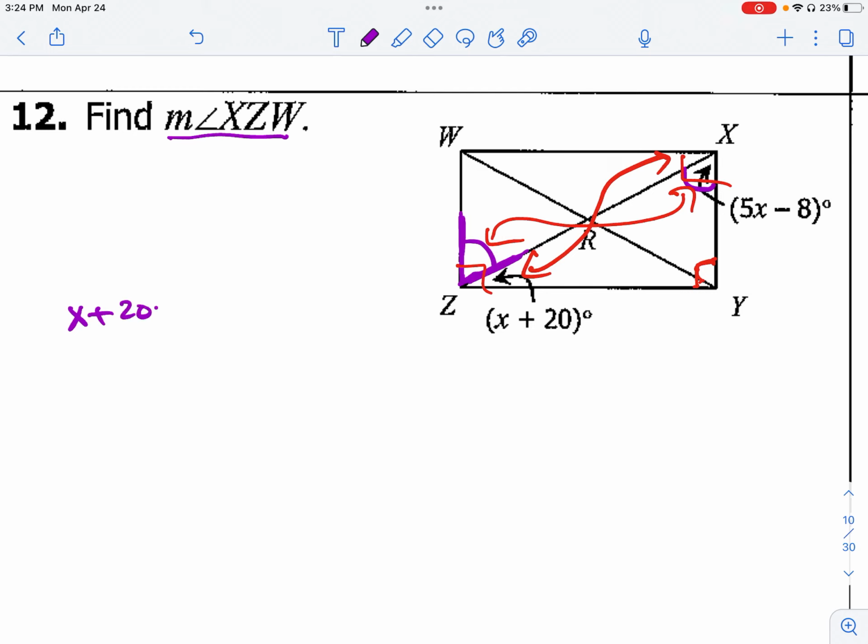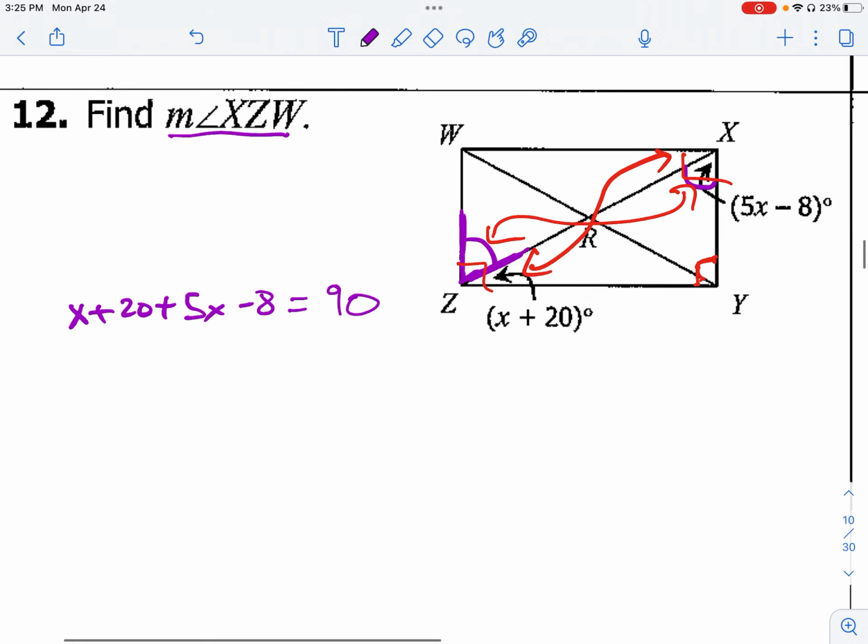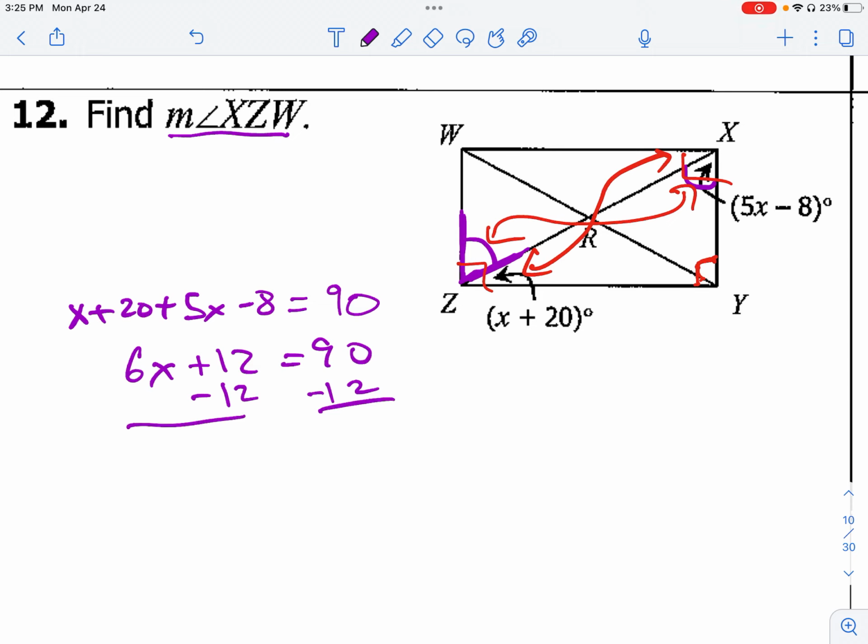So x plus 20 plus 5x minus 8 equals 90. 6x plus 12 equals 90. Then we get the x by itself. 6x is going to equal 78. Divide that by 6. And we're going to end up with x equals 13.